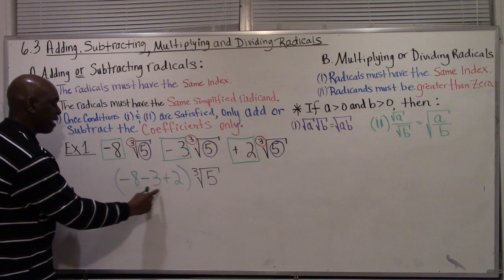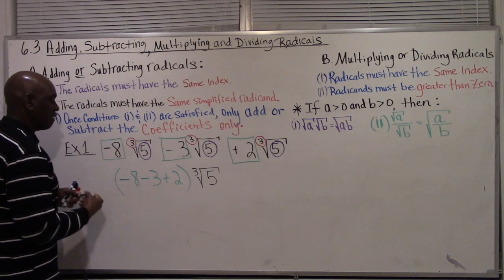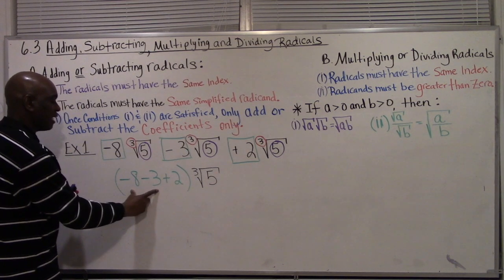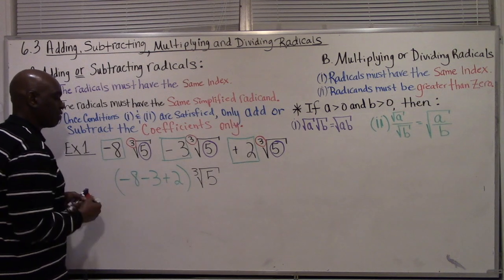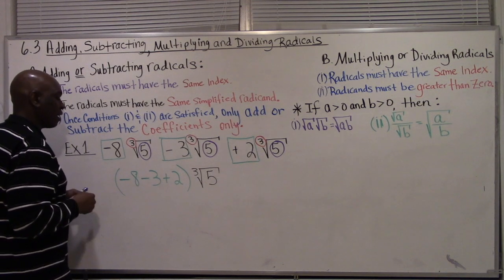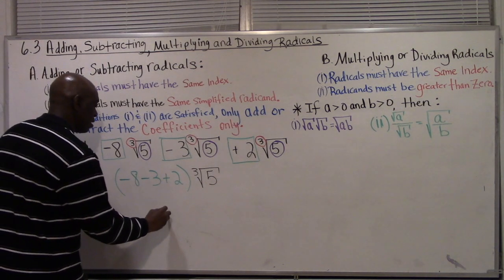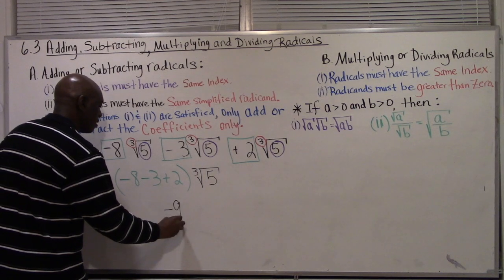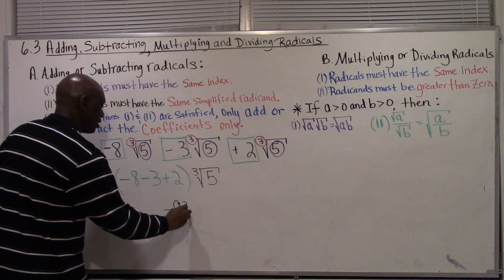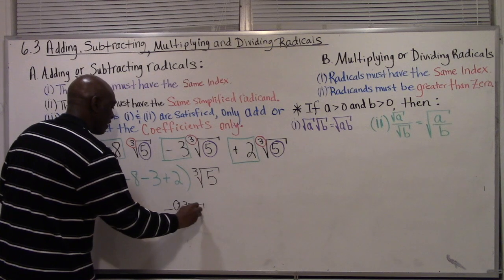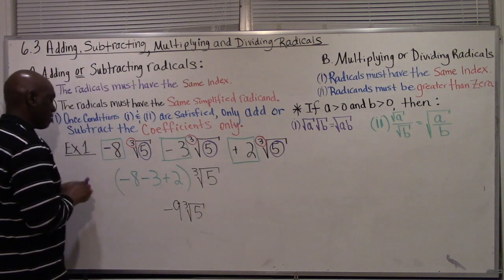Well, 8 minus 3 is -11, and -11 plus 2 is -9. So my answer is going to be -9 times the cube root of 5. And that's my answer.